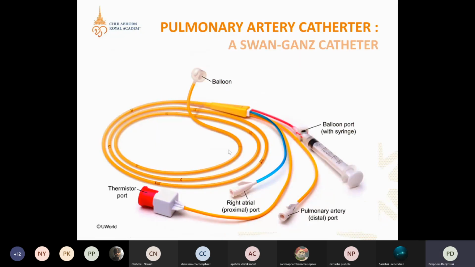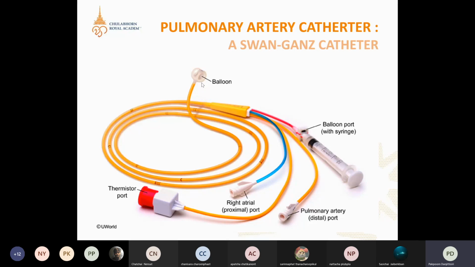That special catheter is called a Swan-Ganz catheter, which has 3 ports like this, and at the tip of the catheter there is a balloon, used to get the pressure called the pulmonary capillary wedge pressure.